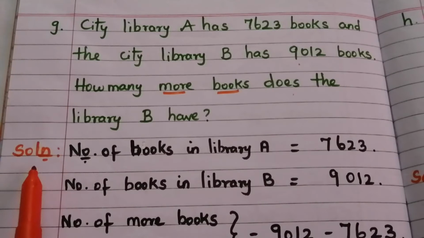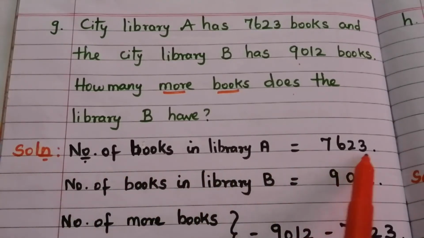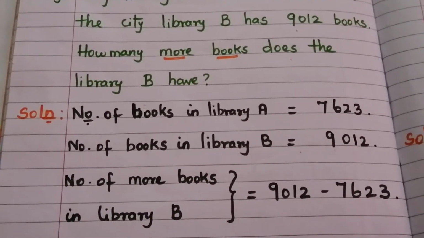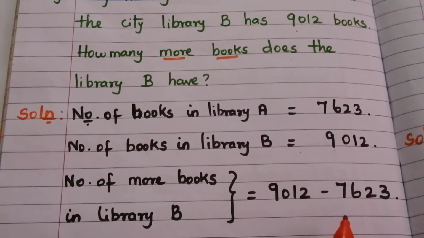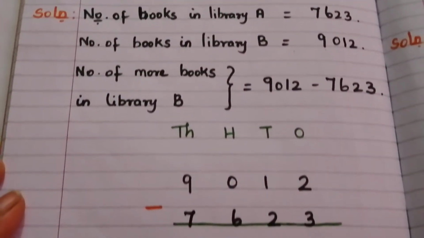In solution part, we write number of books in library A is 7,623. Number of books in library B equals 9,012. So number of more books in library B equals 9,012 minus 7,623. You write these two data vertically.